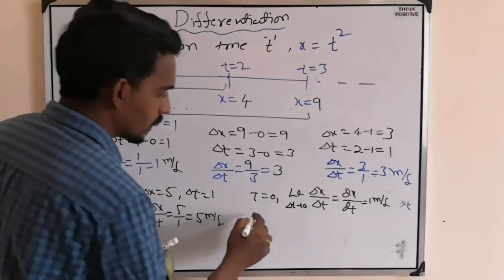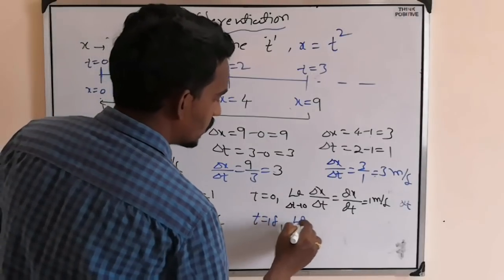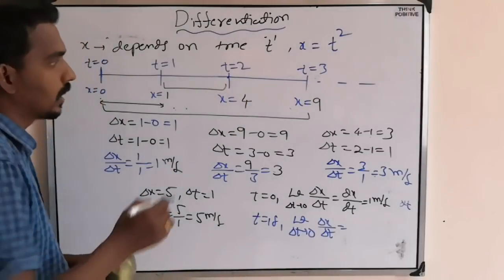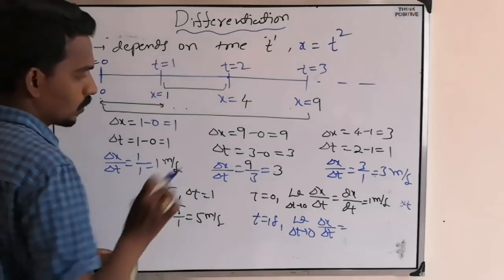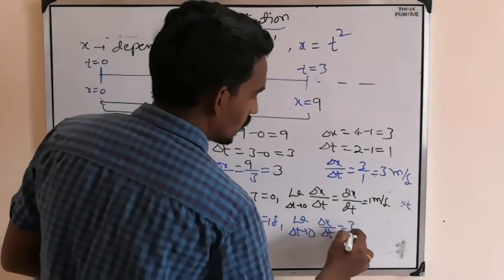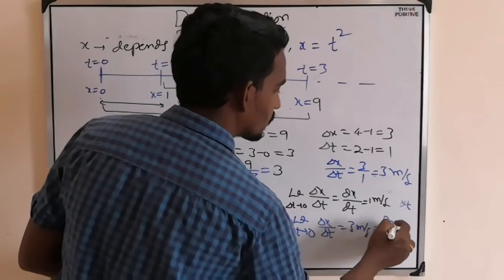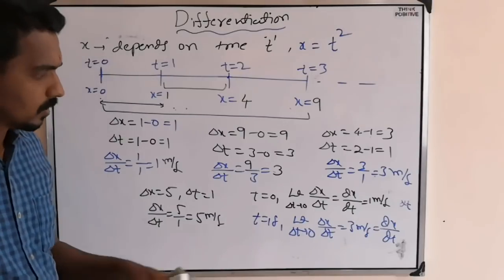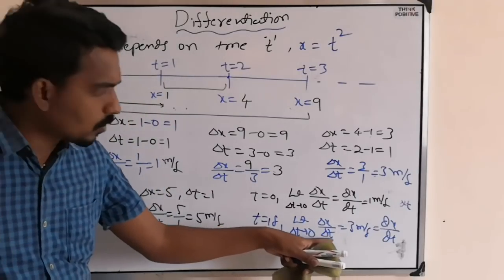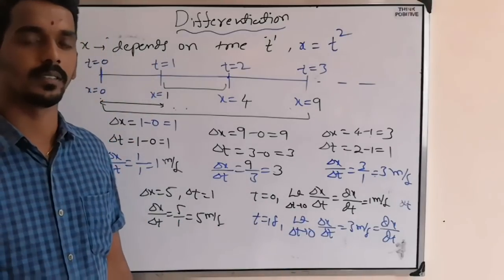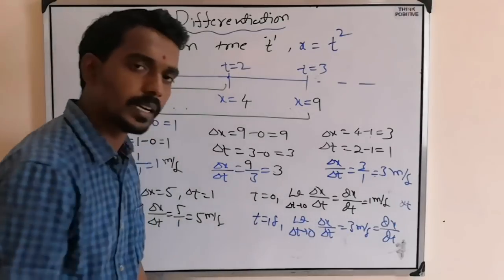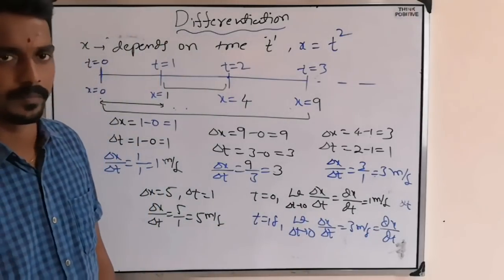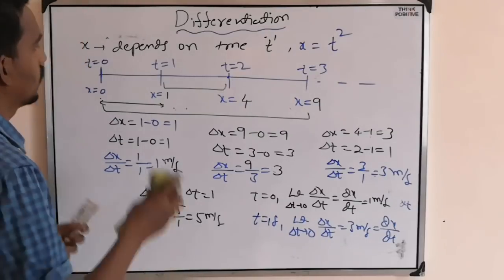At t equal to 1 second, under the limit delta t tends to 0, delta x by delta t is how much? From 1 to 2, 3 meter per second. So this is called instantaneous change. This is called instantaneous change in x. That only is called differentiation. Let me tell you one more example.